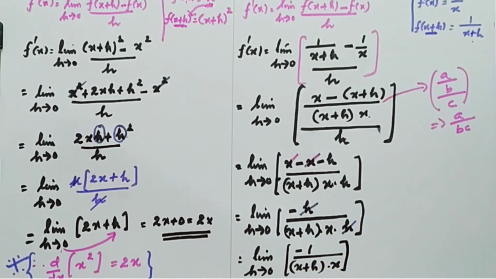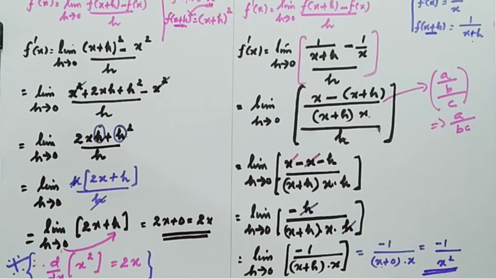No further simplification, so we can apply the value for h at 0 here, which is equal to minus 1 by x plus 0 into x, equals minus 1 by x into x, that is x square.